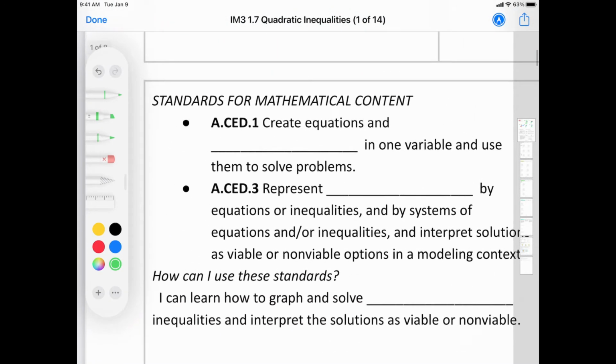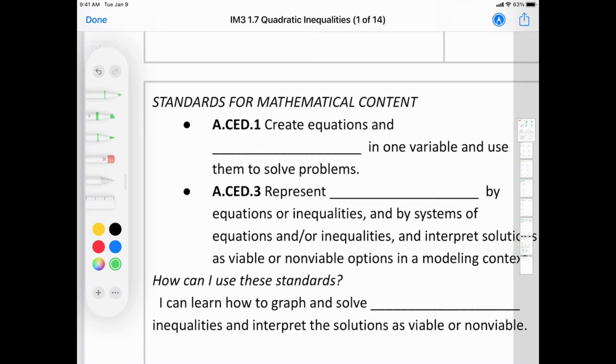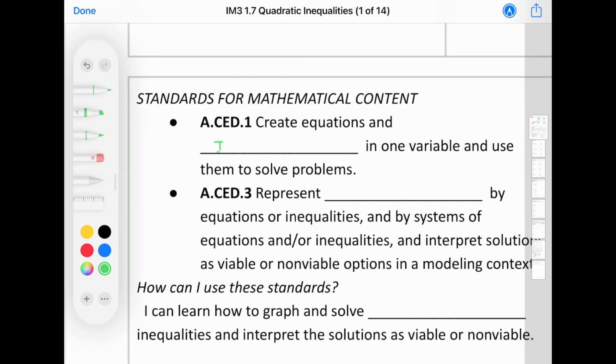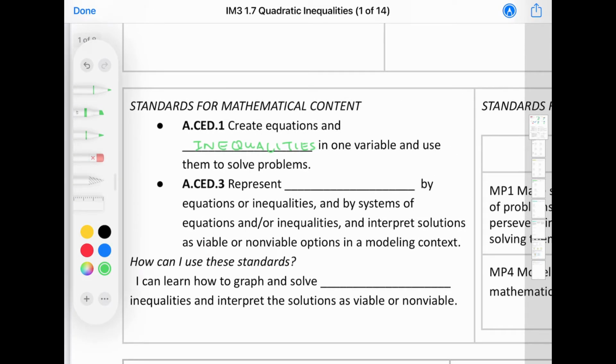Okay, standards for mathematical content: create equations and inequalities in one variable and use them to solve problems. Represent constraints. Think of like your seatbelt. I can't spell. Constraints.